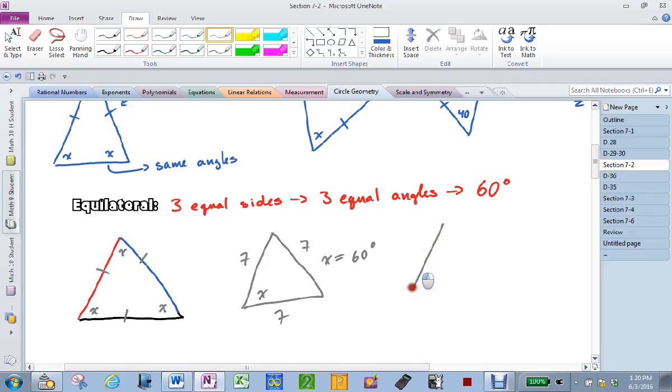If I show you this triangle, how long is every side? What do x and y have to be? 5. Cool? Do looks matter? No.